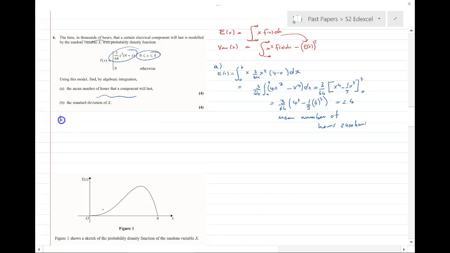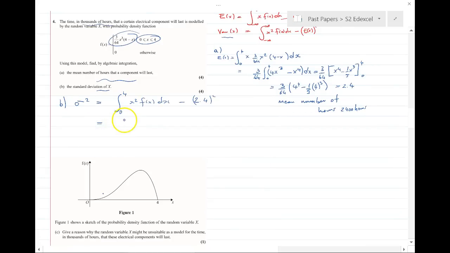So part B wants the standard deviation, which is the variance formula we're going to use. So the standard deviation squared is the variance of x, so we don't have to times by 1,000 this time. So that's the integral of, we're using this, 4 to 0 x squared f(x) dx, take away the mean squared, which is 2.4 squared.